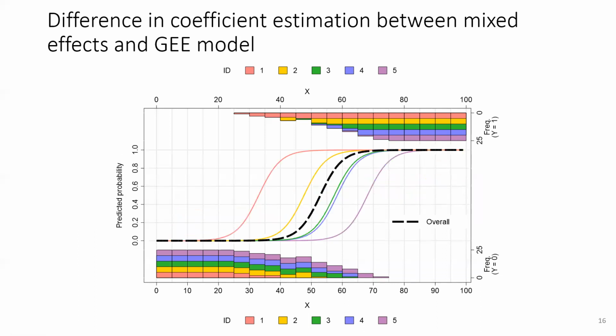In the case of GEE, we are interested in the population average. So it doesn't consider the cluster-specific distribution of Y equals 0 and Y equals 1, but it considers the distribution of Y at the population level.